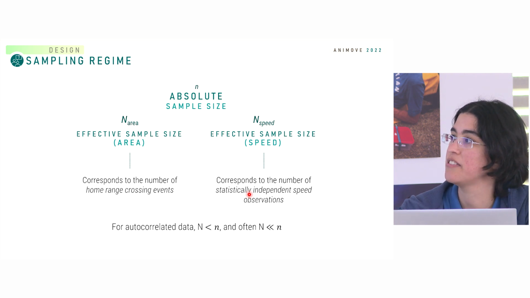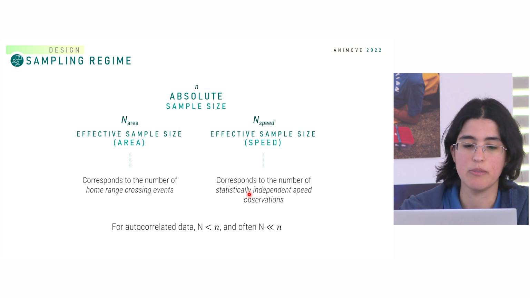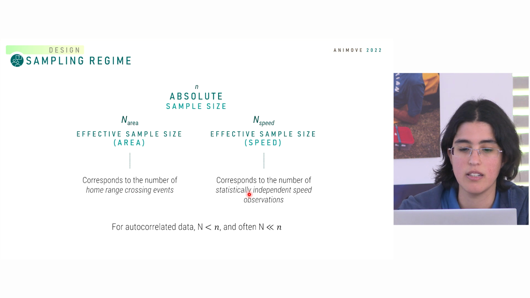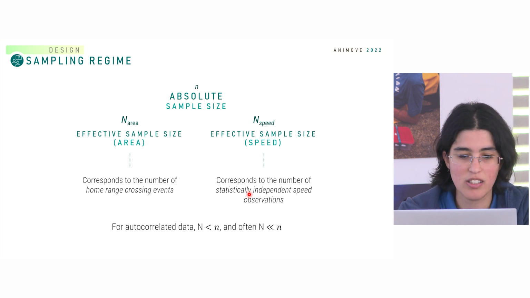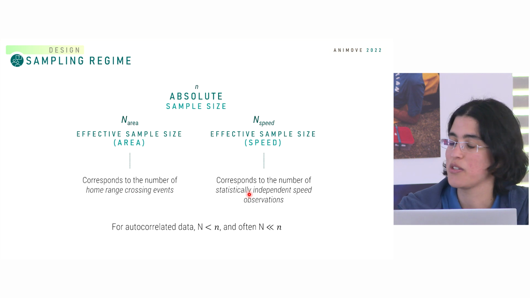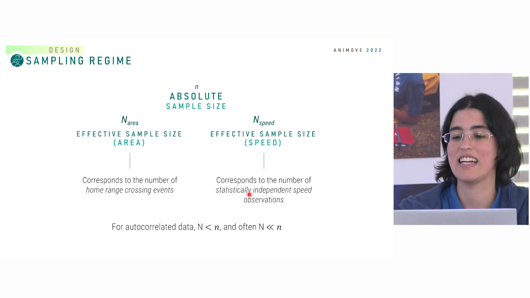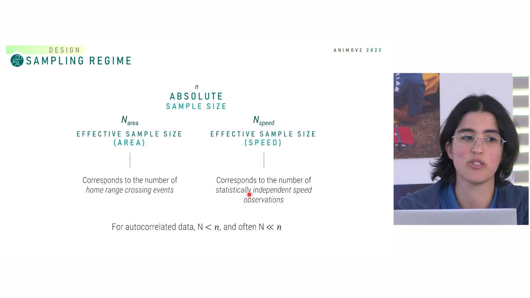Speed also has an effective sample size, the number of independent locations that actually inform whatever estimates you get. So often for autocorrelated data, as we've seen, the effective sample size is always going to be smaller than the absolute sample size. So maybe those 500,000 locations are not that informative, and you don't need huge funding to get all those locations to then answer a question that you could answer with less.